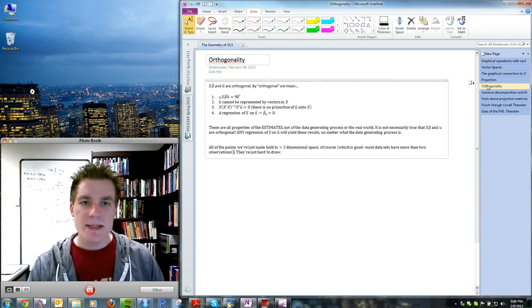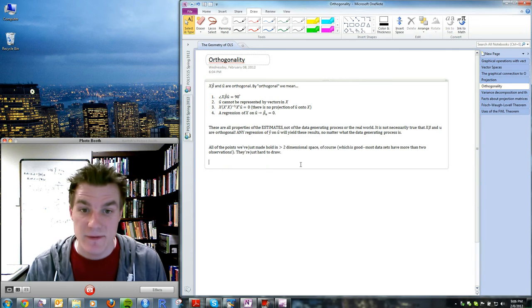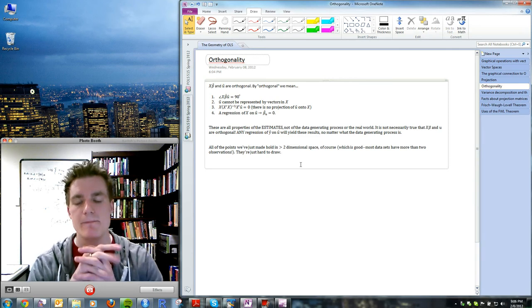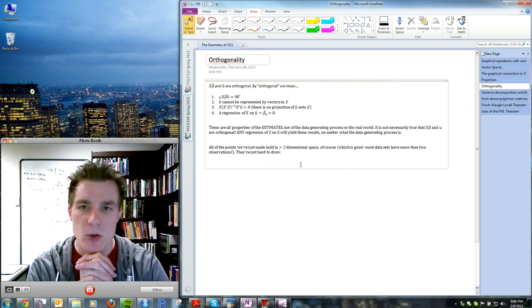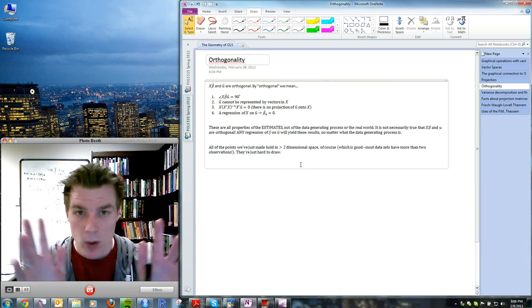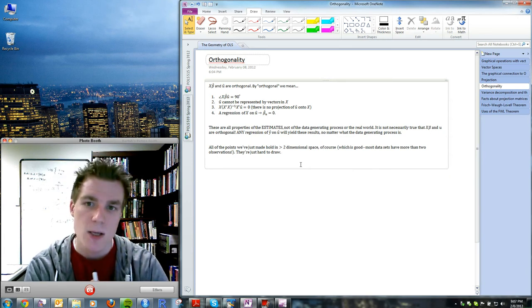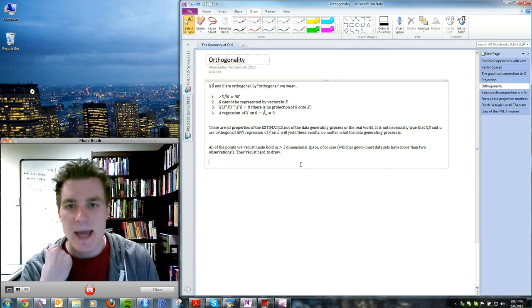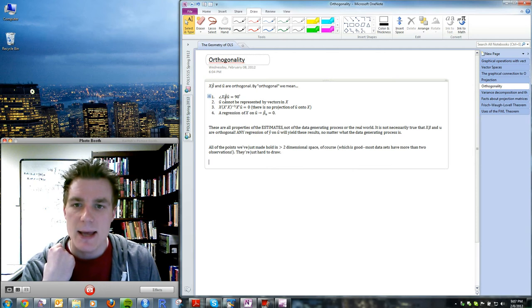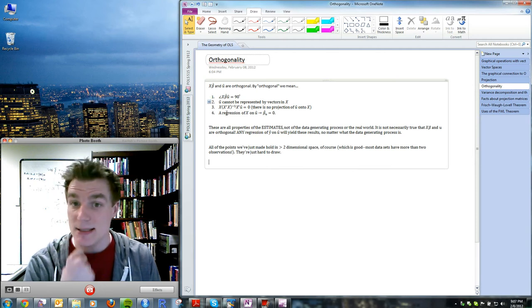All right, so what this leads us to is our next fact, orthogonality. X beta hat and u hat are orthogonal. By orthogonal, we mean a bunch of different things, all of which are equivalent to each other. The first thing we mean is that the angle between x beta hat and u hat is 90 degrees.